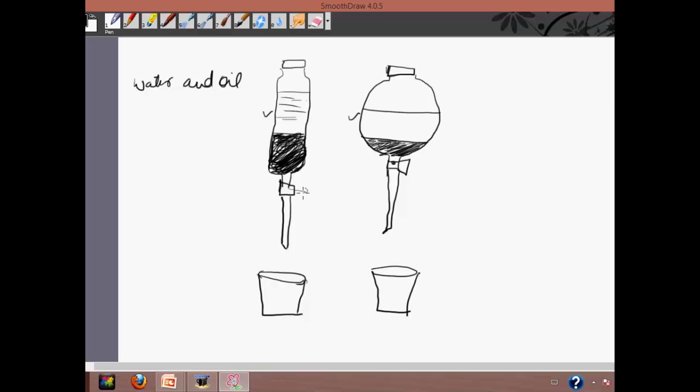After that, open the stopcock and collect the lower liquid in a beaker. Now place another beaker under the funnel, open the stopcock again, and let the lighter liquid run into it. So a mixture of kerosene oil and water can be separated in this way, as the kerosene, which is lighter than water, will form the upper layer like this. Here the heavier liquid gets received in this beaker.